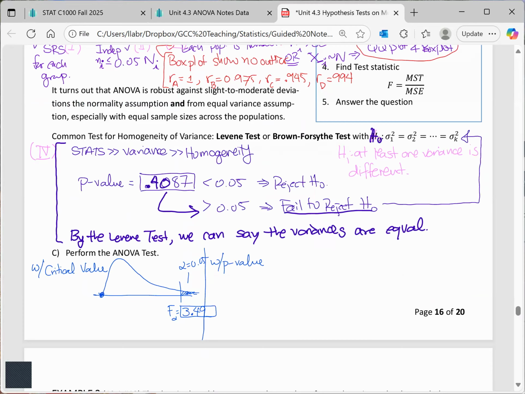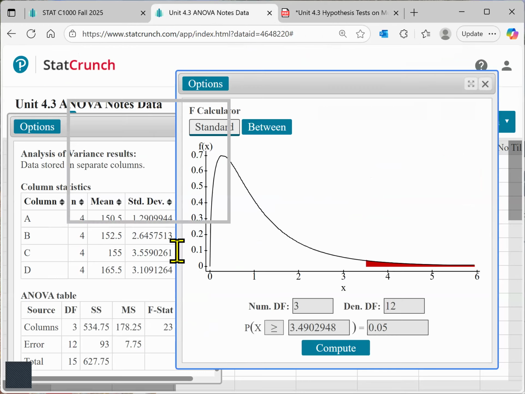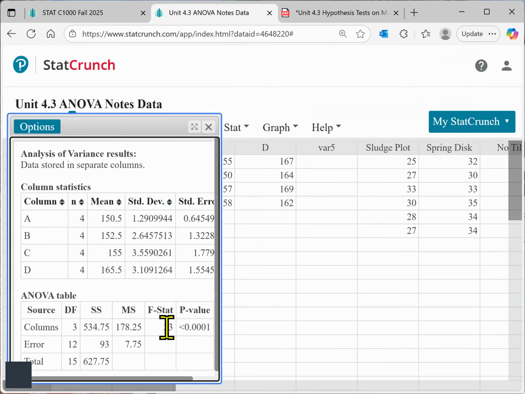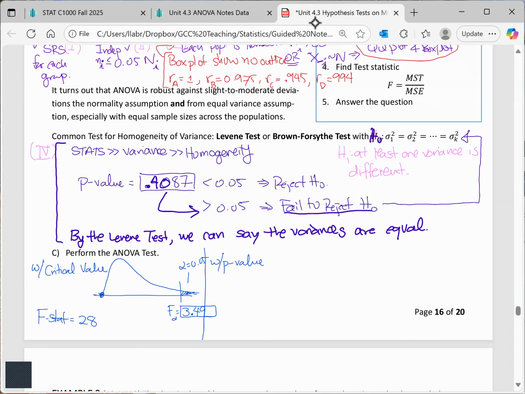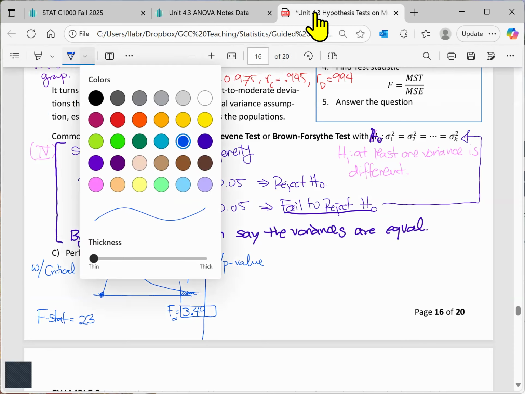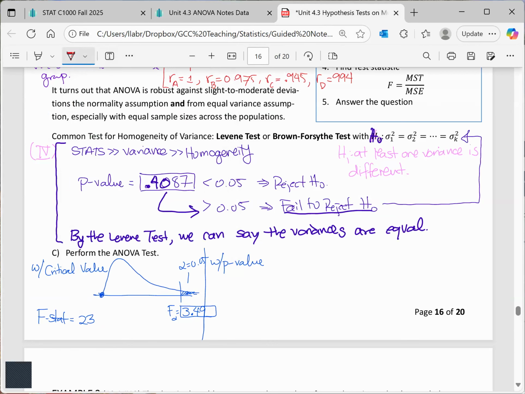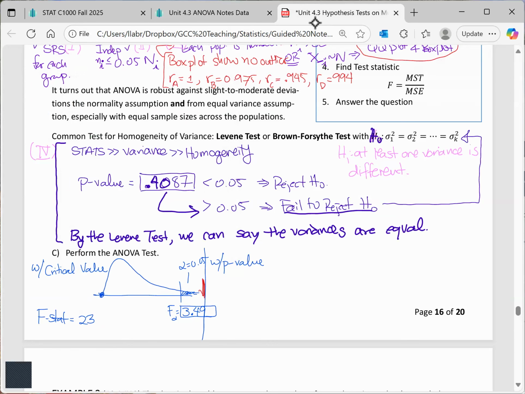And I don't actually need to do this because I already know that the F statistic is so large. It was 23. So what this says is, you definitely have to reject this, because here's your sample. That's the F statistic that we get. So we reject.